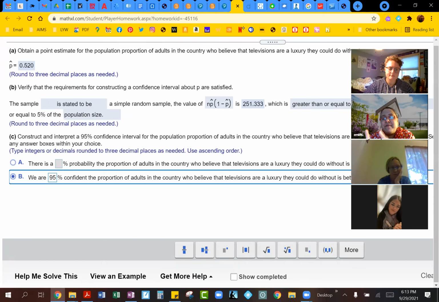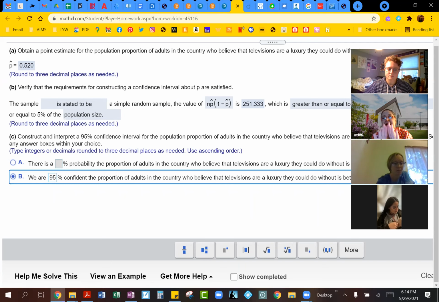So the 95% confidence interval is saying that yes, from our survey we came up with 52%, but if we had to extend this to the entire population, right, to the entire how many ever adults live in this large country, we can say that anywhere from 48.9% to 55.1% of people are of this mindset.